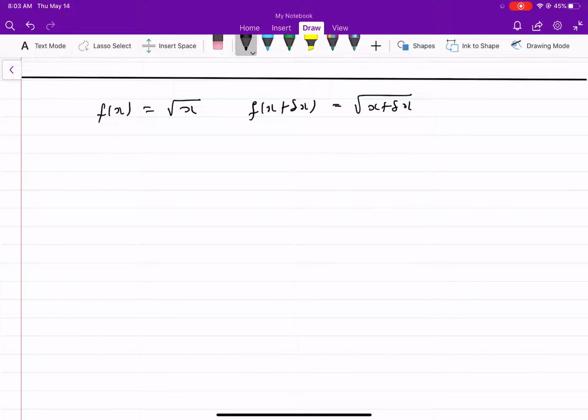Remember, whenever you're finding x plus delta x, everywhere in your expression where you see x, you replace it with x plus delta x.